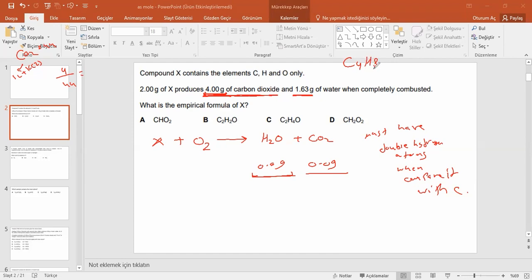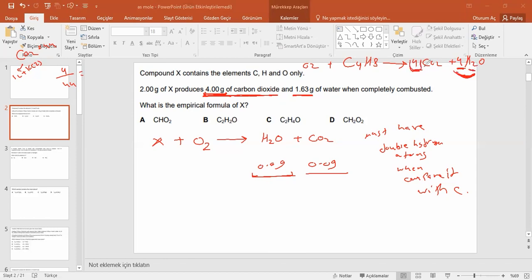You are combusting this one. So we get C4H8 plus O2, 4 CO2 plus 4 H2O. Okay. The number of moles in the front are the same. But here we have two hydrogens, right?